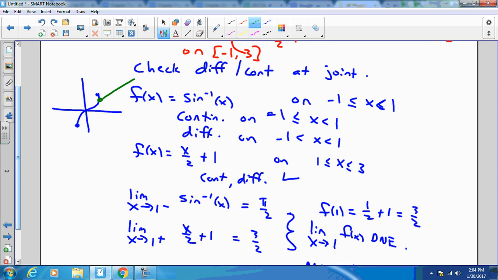The derivative also fails to exist at x equals 1. If I wanted to check the derivative at 1, I would have to use the derivatives from left and right, f prime plus and f prime minus, using the limit definition, which would be a pain in the neck.